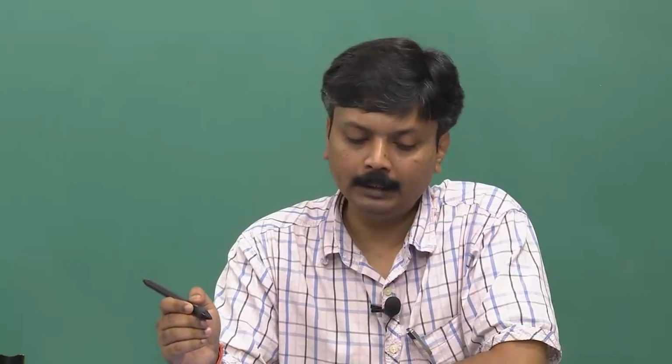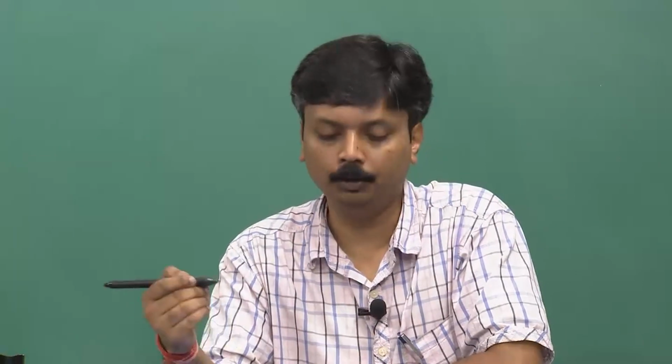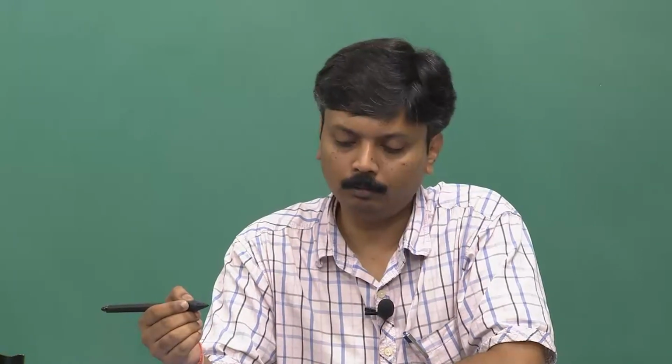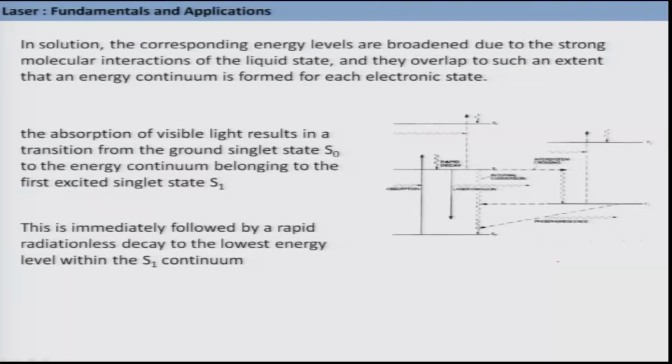So what happens in case of the excitation of a dye solution? Visible light will take the dye molecule from ground state S0 to the singlet excited state S1, and from this S1, there will be a rapid decay to the lowest vibrational level of this S1 continuum.